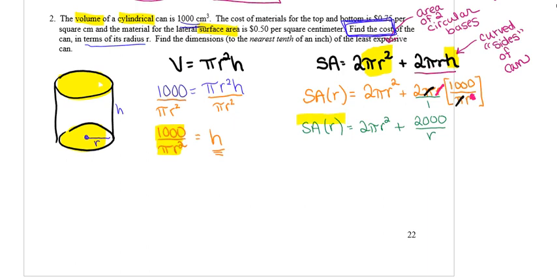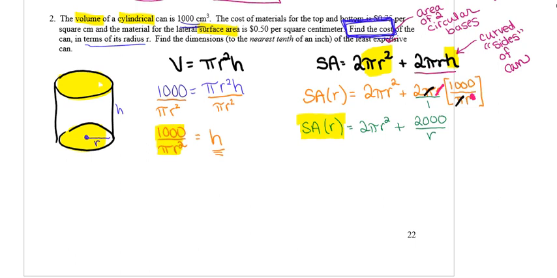Notice I'm very clear and specific about how I express what it is I'm working with. I'm telling the reader, I'm telling you, this is surface area in terms of the radius. Going back to what it asked us in the question though, it wants us to find the cost. So we need to think about the cost of these materials that are going to make up our surface area.